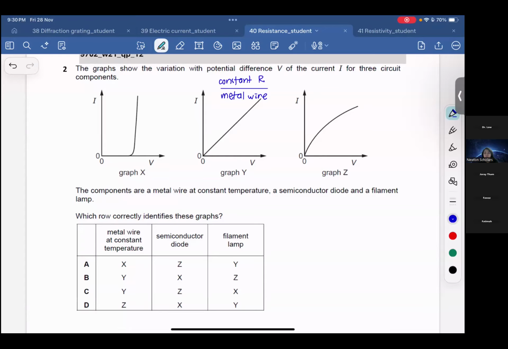Jorek, correct. Vashini, correct. Haichen, correct. Wesley, correct. Prasan, correct. Fatima, correct. Answer B. Starting somewhere here, threshold voltage, so this is the diode. This one the resistance will increase, so this is the filament lamp. Answer is B.